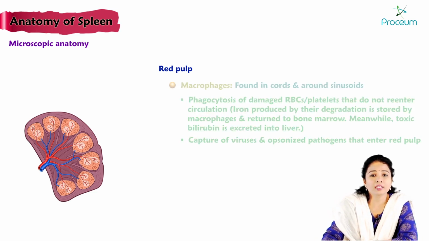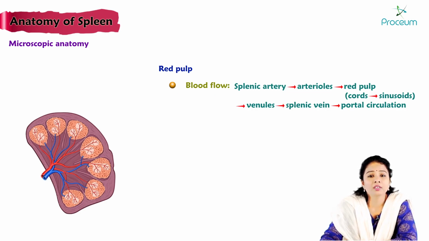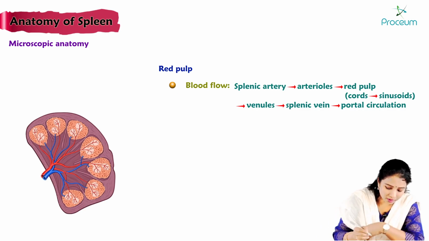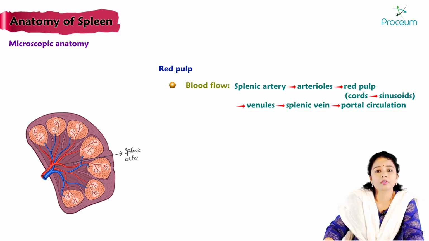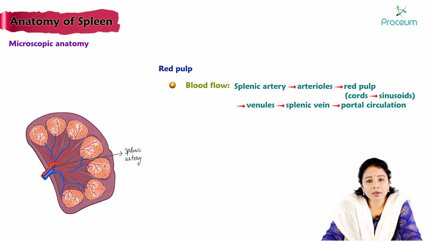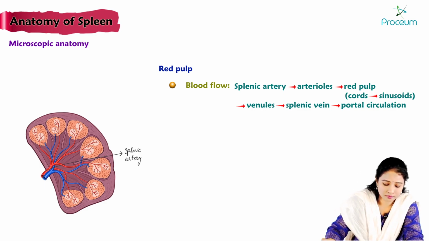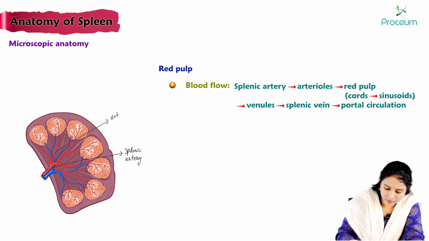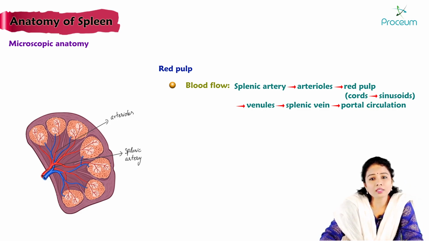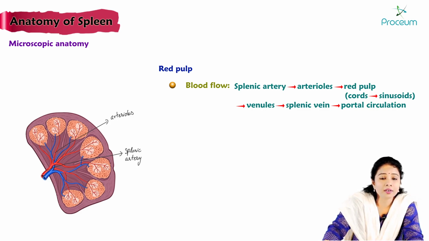So let us understand the blood flow inside the spleen. So we know the arterial supply is by the splenic artery. So here we can see the splenic artery. Splenic artery divides to form arterioles. And these arterioles end up in the red pulp.